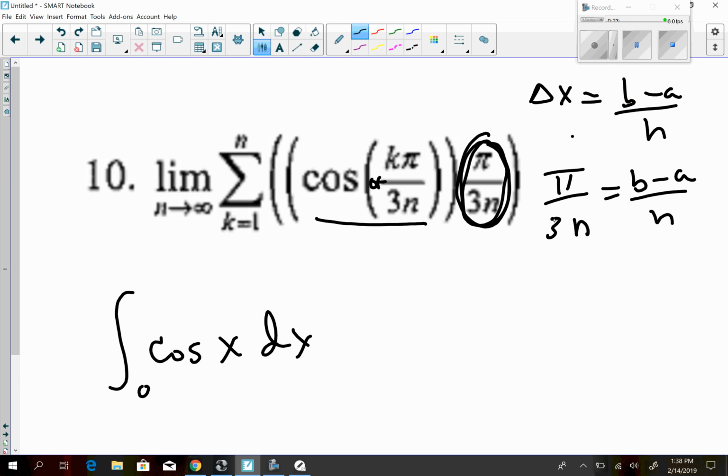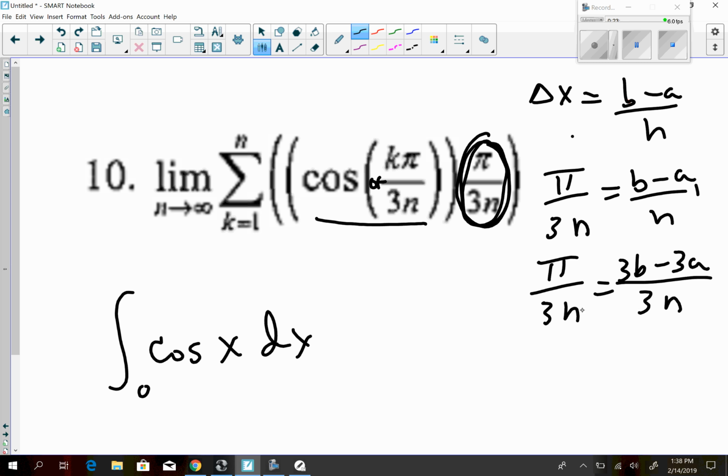The problem is these denominators are not equal like they've been in the other examples, so maybe we should multiply the top and bottom of this one by 3, because that won't change it. I'm going to change this numerator to 3b minus 3a. If we multiply the numerator by 3, we have to multiply the denominator by 3.